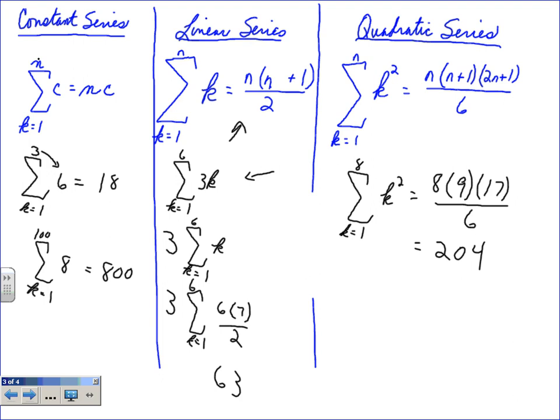Okay, so let's take an example here, and let's put all those 3 properties together. Let's find the sum from 1 to 6 of 5k squared minus 3k plus 20.